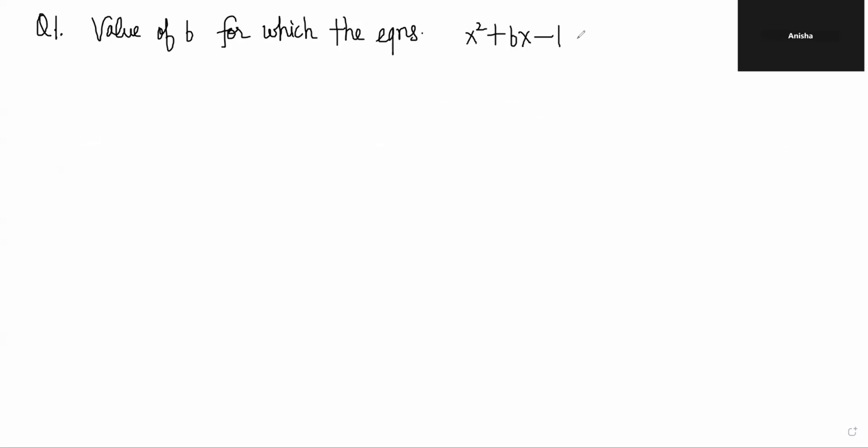The next question is value of b. Okay, I'll write the next one or two questions. Value of b for which the equations x squared plus bx minus 1 equals 0 and x squared plus x plus b equals 0 have one root in common.